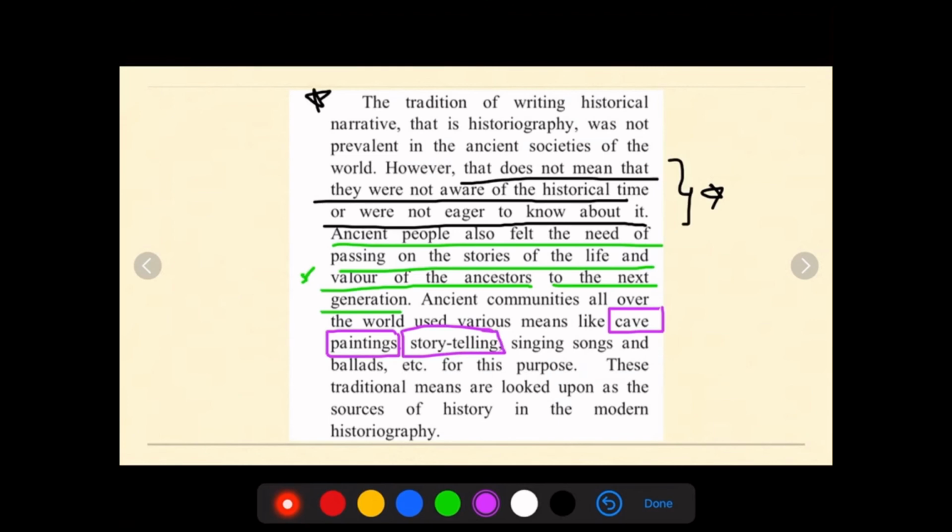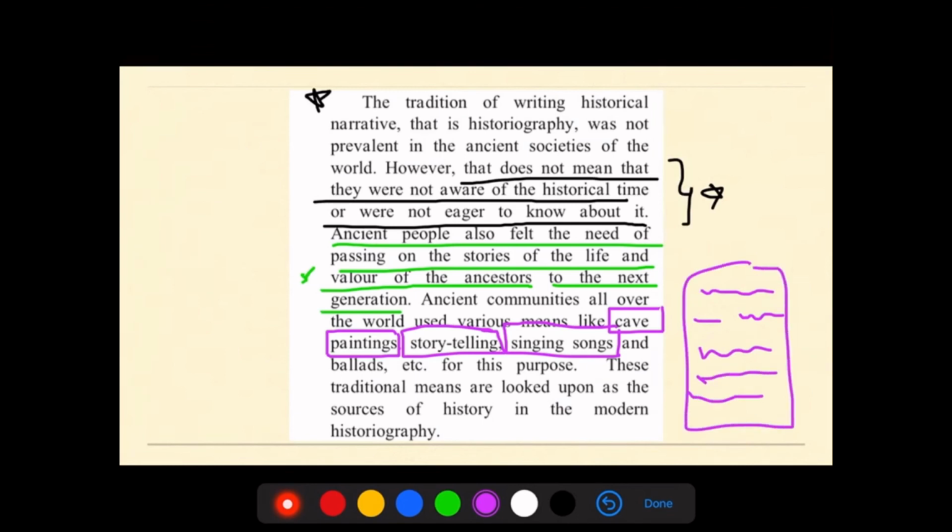Then storytelling. They used to tell in story form that this happened, that happened, how they fought, how brave their ancestors were. Next is singing songs, which can be a story with songs in it. Next are ballads.